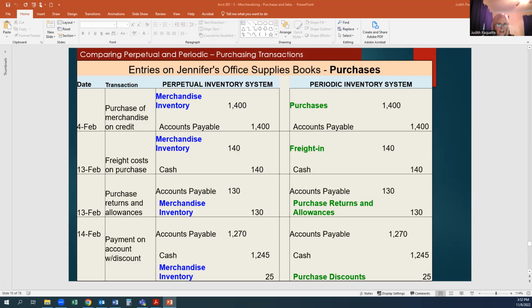So they're not liabilities just because we credit them. They are a reduction in the asset cost. Okay, so that 25, I thought that had a different account title. I don't know why, for the perpetual, but I guess that makes sense. It's perpetually going into merchandise inventory, and we're perpetually updating cost of goods sold too.